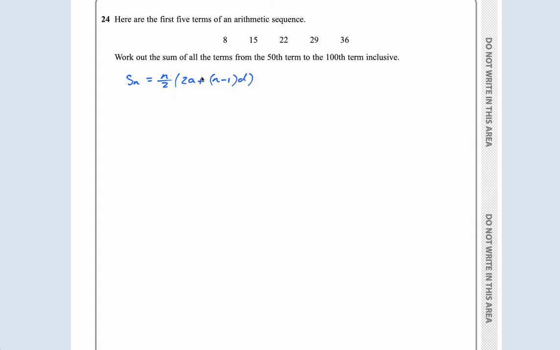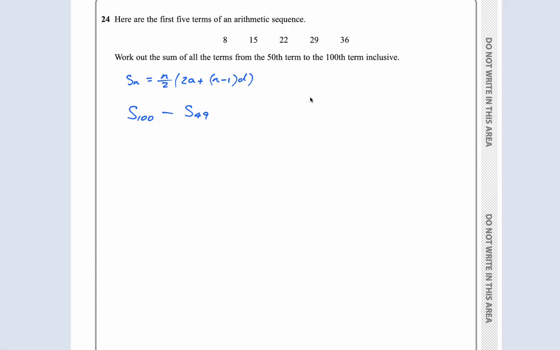This is a bit tricky because it's not asking for the sum of the first 100 terms, or the sum of the first 50 terms. It's asking for the sum of the terms between the 50th and the 100th. What that means is it's asking for the sum of all the terms except the first 49 terms. So it's the sum of the first 100 terms, and I'm going to subtract the sum of the first 49 terms.